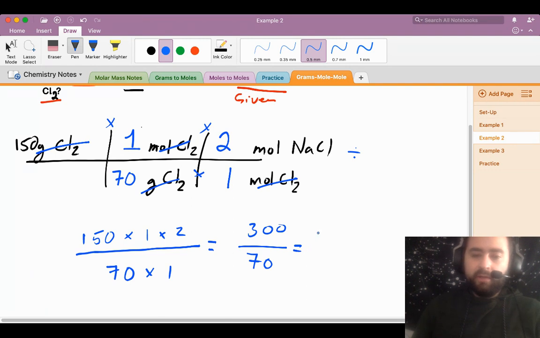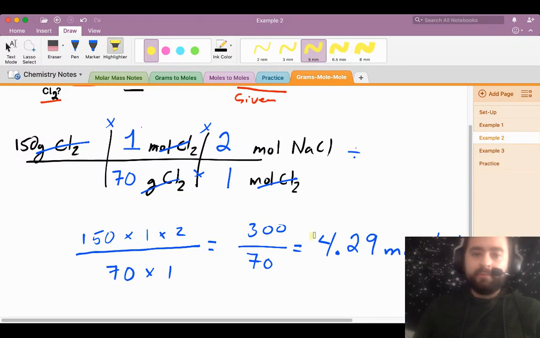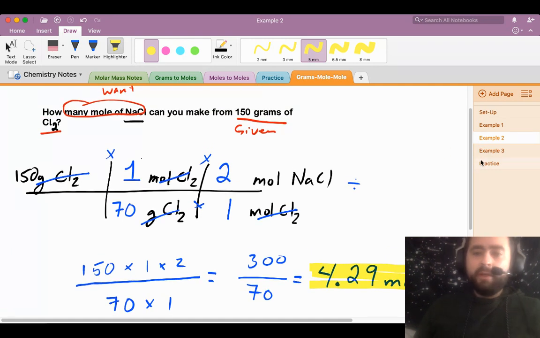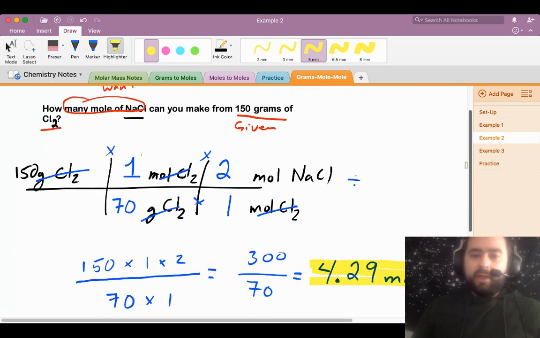We get a long decimal, but let's round it to 2. 4.29. And my unit is the unit of my want, mole of NaCl. That's it. So if I have 150 grams of chlorine gas, Cl2, I end with 4.29 moles of NaCl.